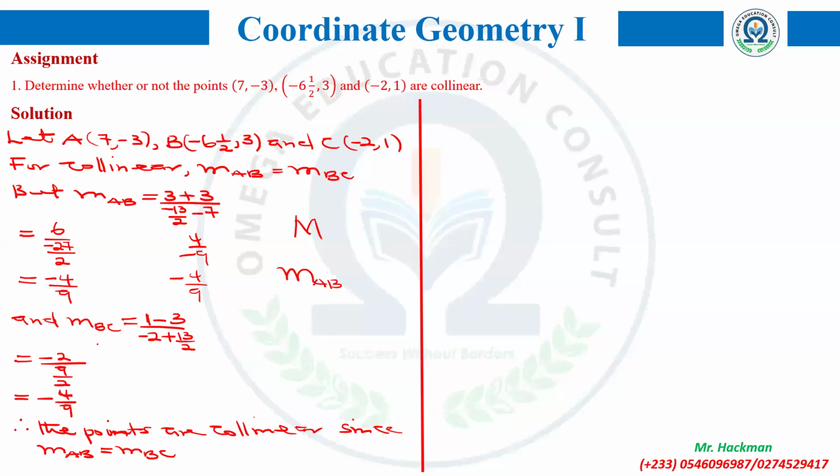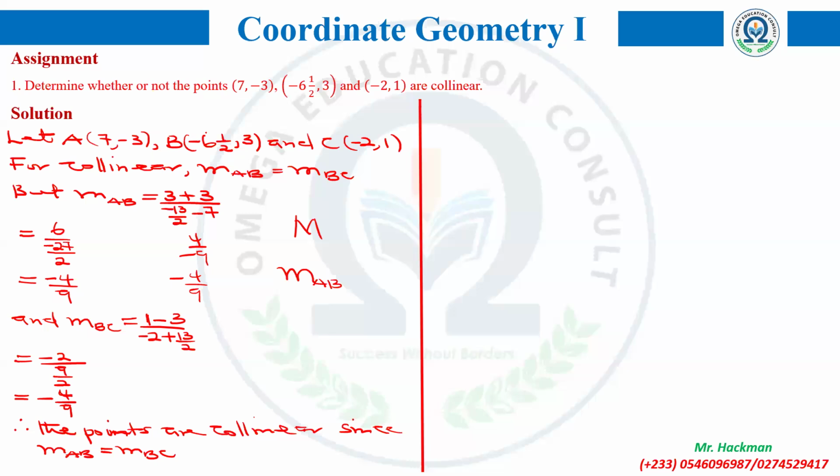Okay, so you come and do the same for BC. And MBC, which is the gradient of BC, will be equal to change in y. So it will be 1 minus 3. That is y2 minus y1. Then x2 minus what? x1. So minus 2 minus this, so it will be plus. We change this one, which gave us a 13 on what?